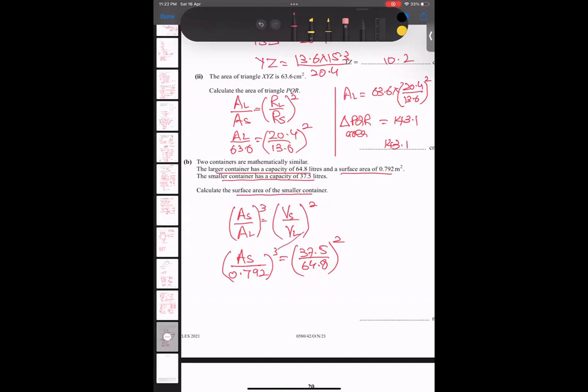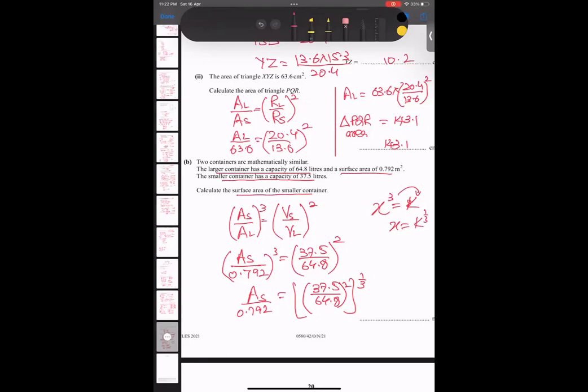And when this power 3 goes to the other side, it becomes 1 by 3. I can show you like this. Here, because this is a cube, this is 0.792 still there. Basically, what is going on is that a power 3, when it goes to the right side, becomes a cube root or power 1 by 3.